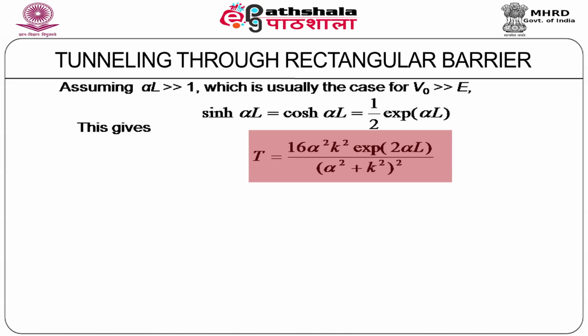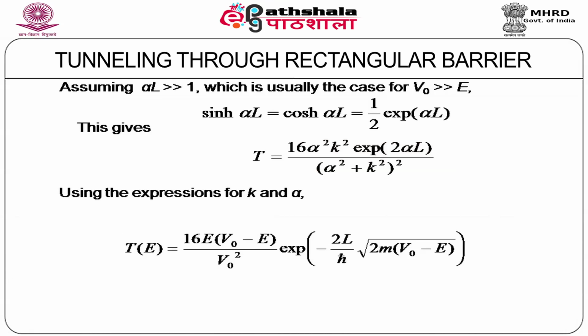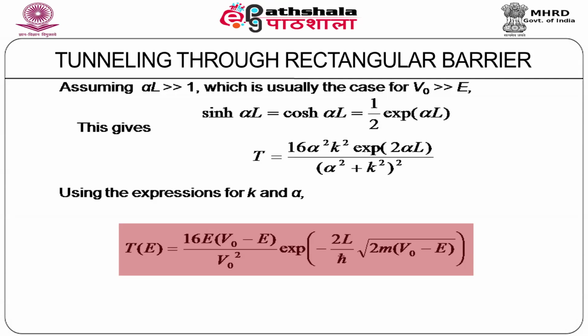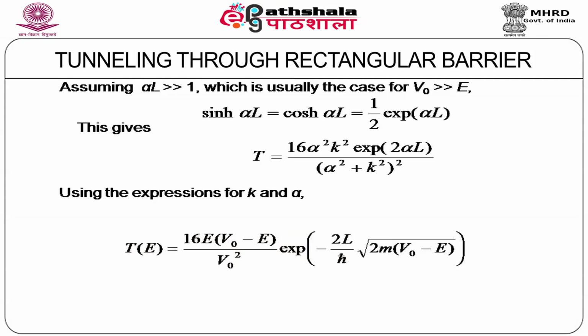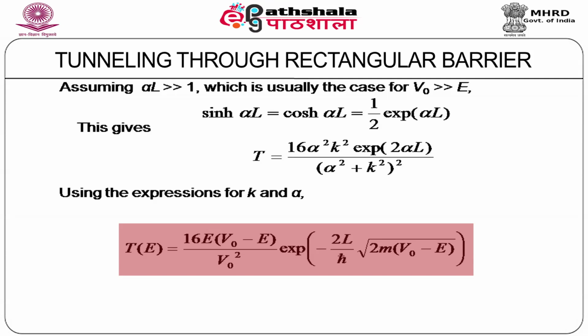Now, if you use the expressions for k and alpha, you will end up with the following expression for the tunneling probability, T(E) equal to 16 E (V0 minus E) upon V0 squared, times the exponential term shown on the screen.